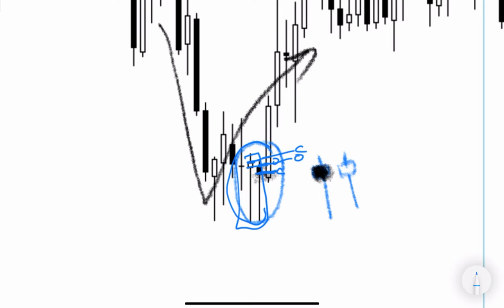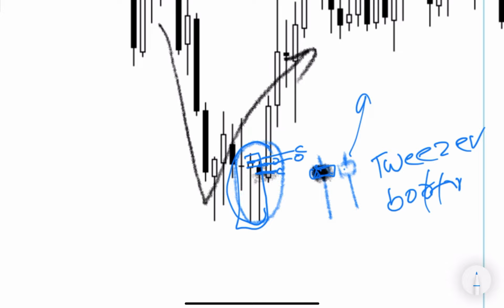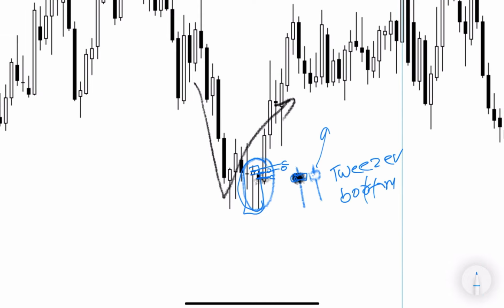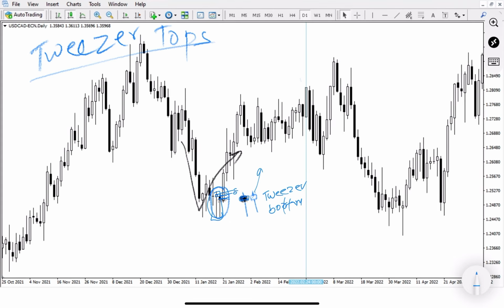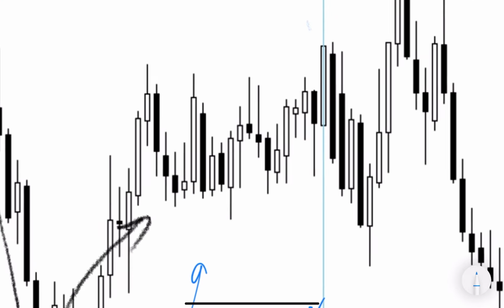Here, this will not be called a tweezer top. It's appearing at the bottom. So in this case, the one I'm talking about, one bearish one and then the bullish one which will send it to the upside, is actually a tweezer bottom. But if they appear after an uptrend, I give you another example where there is something similar to a tweezer top, but both are bearish.